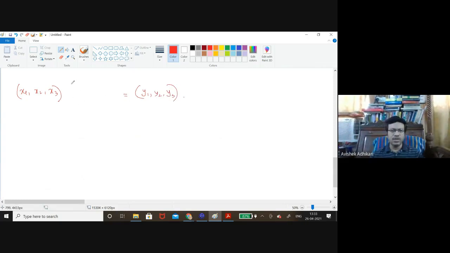So how can you do it? If you consider this as a vector, then this is a 1 cross 3 vector. Now if I multiply this with a 3 cross 3 matrix, then as a result I will again get a vector of size 1 cross 3. Now if I use this for my encryption, you must have a decryption.